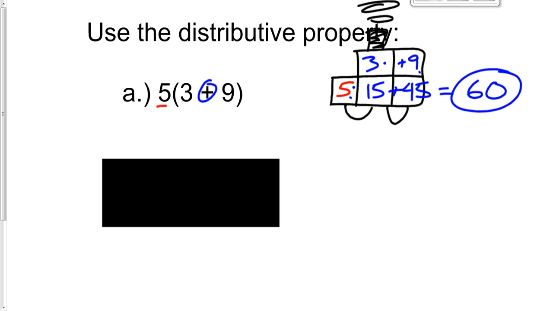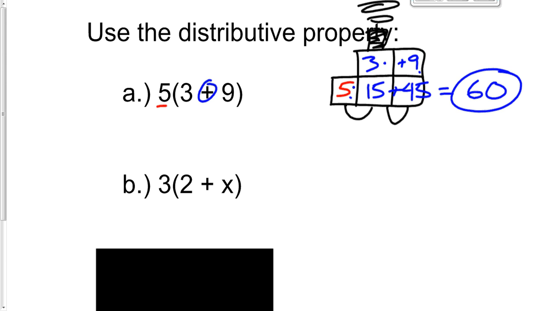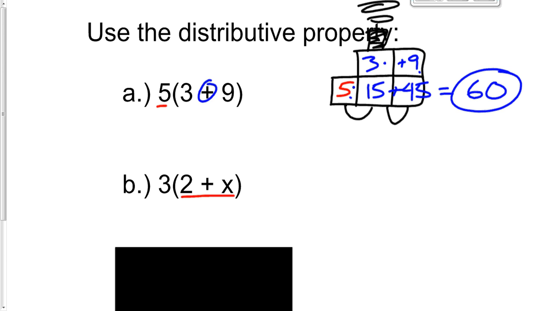So that is that. Now, here is the last example where you're going to want to actually use the distributive property because you don't know what's on the inside. 3 times the quantity 2 plus x. Now we're starting to get into algebraic territory. If you use the box method or the train method, here's what this looks like. We'll put 3 out front, and then we've got 2 up here plus x.